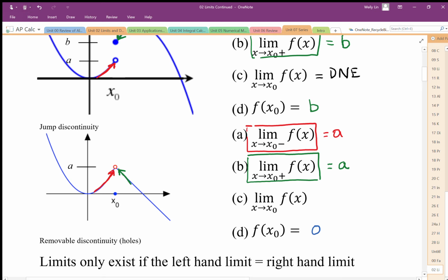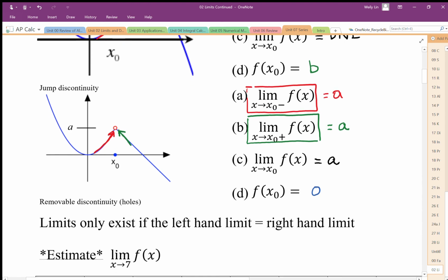From the left side, it's equaling a. From the right side, it's equaling a. And as a two-sided limit, it also equals a because it's going to the same point from both sides. The fact that it doesn't end up at a is not really the limit's problem. The limit's only telling us what's going on as we get arbitrarily close to that point.